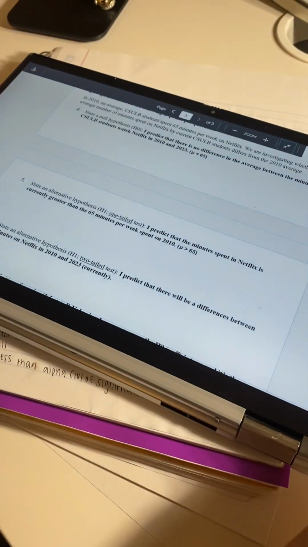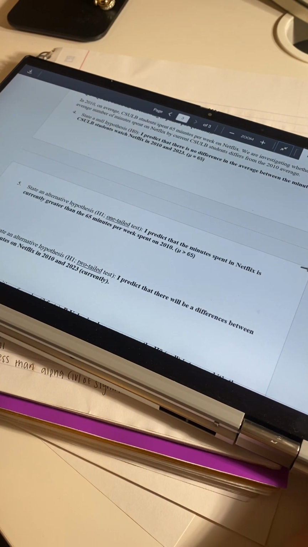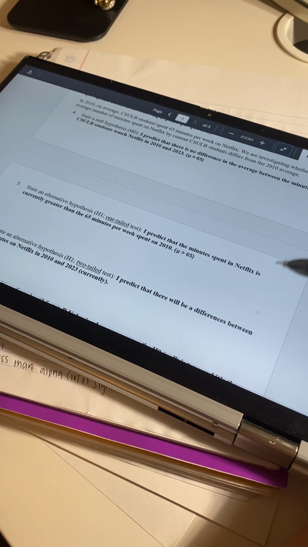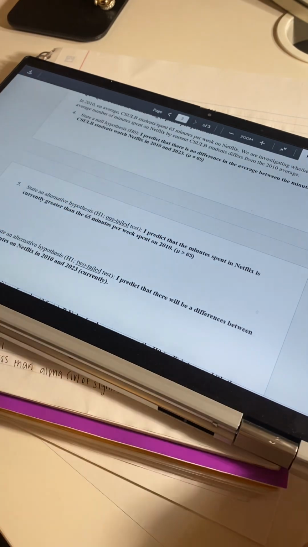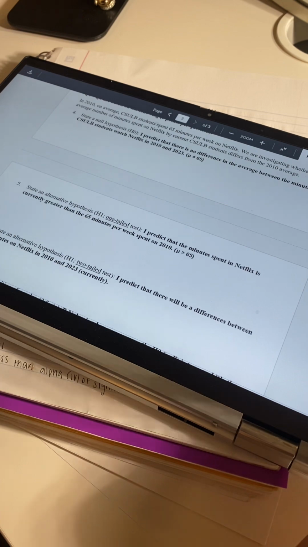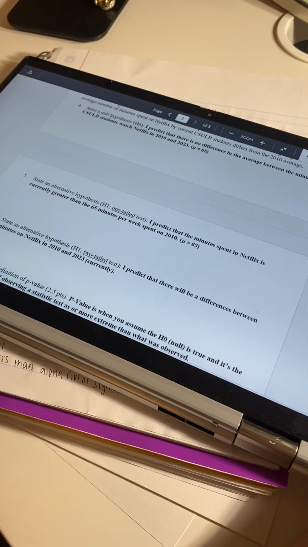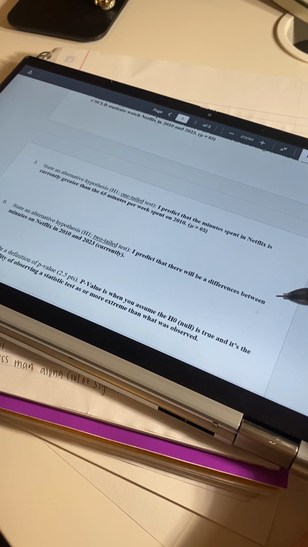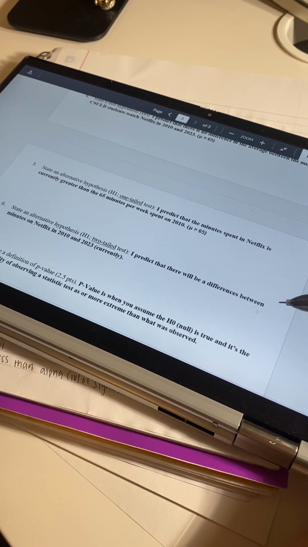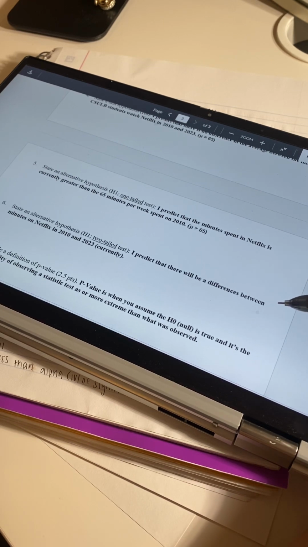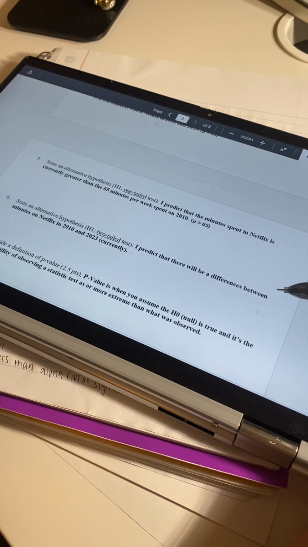So here I predict that the minutes spent on Netflix is currently greater than 65 minutes per week from 2010, and I wrote it like that because the one-tailed hypothesis is when you can measure what's greater and what's not greater. And then it's the opposite for the two-tailed because, well, not really the opposite, but you can't say greater or lesser.